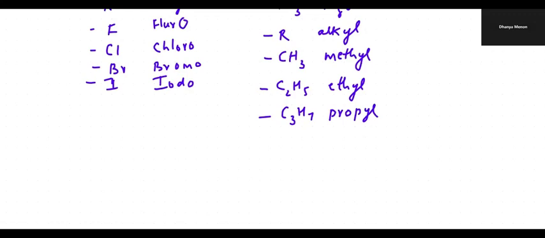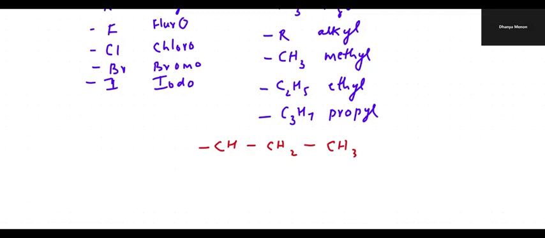Now, if I have propyl, it means there are 3 carbon atoms. Suppose I mention like this: CH3, CH2, CH3. Here it should be CH2 because it has to satisfy the tetravalency.